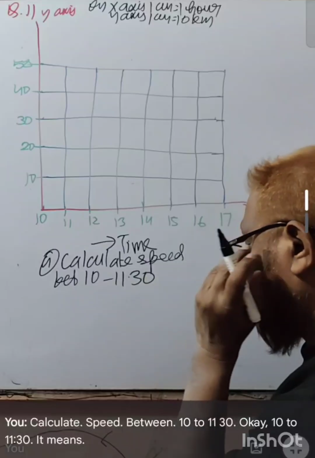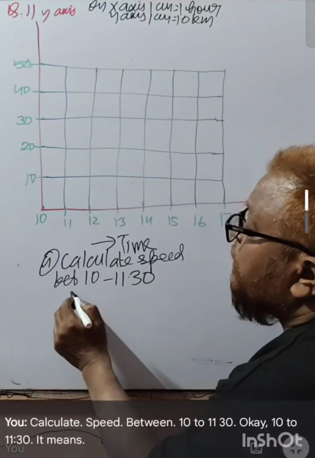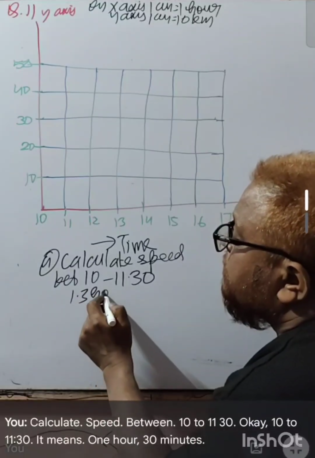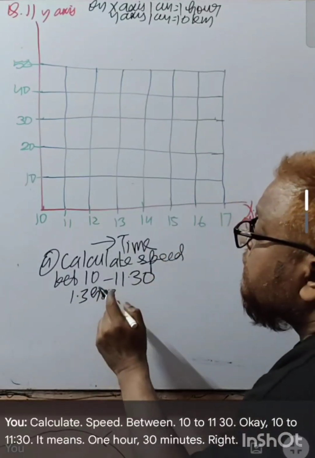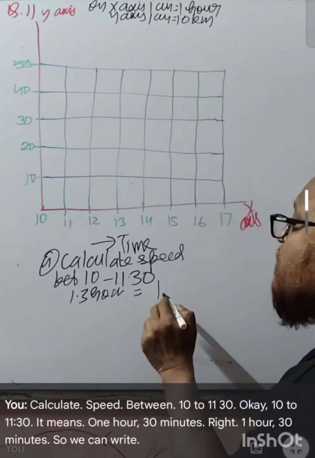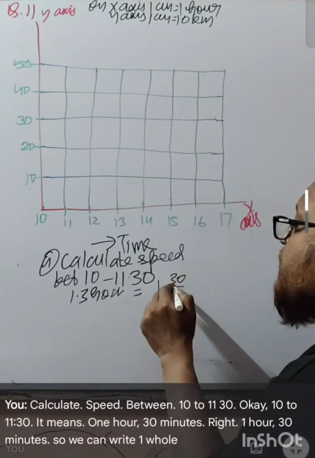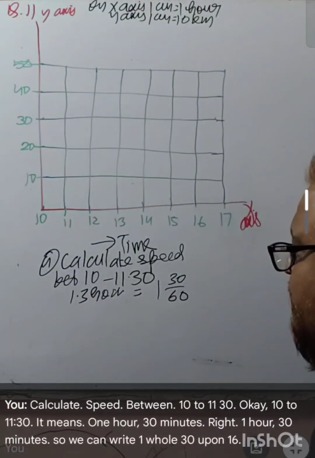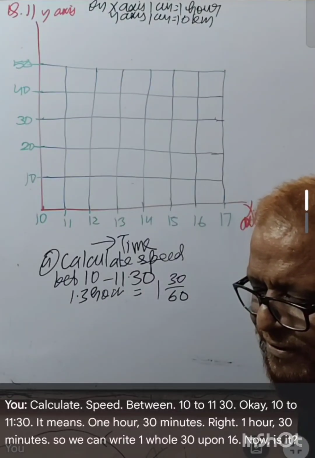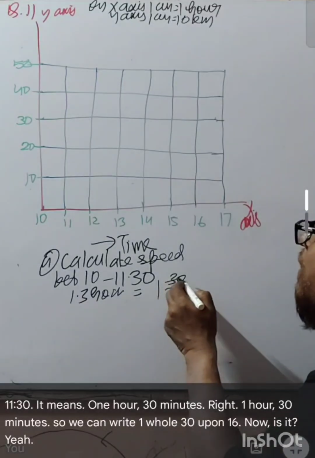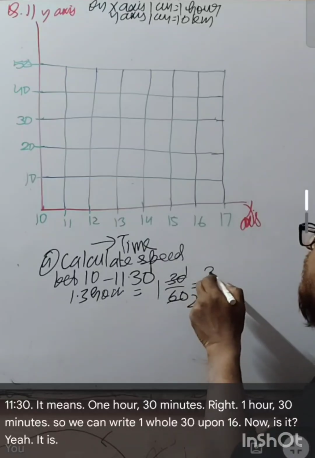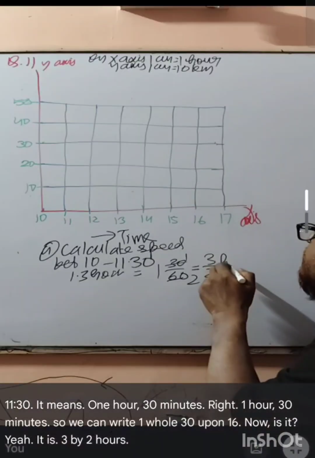It means 1 hour 30 minutes. So we can write 1 whole 30 upon 60. It is 3/2 hours.